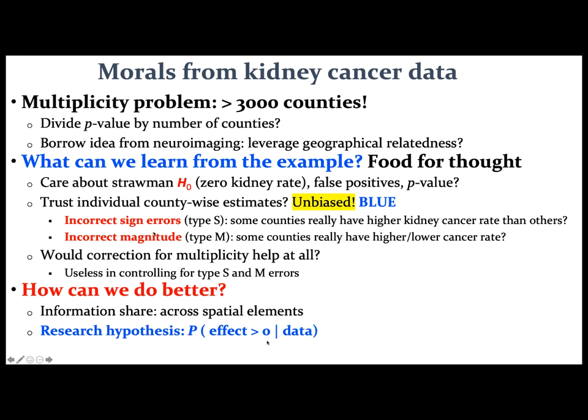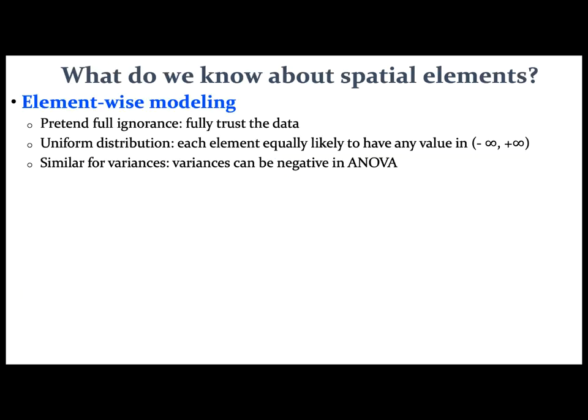With my data, is the kidney cancer rate greater than 0.021, whatever the number, we can get a probability. That is called a posterior probability instead of the so-called p-value. So that's the message we can borrow from that kidney cancer case.